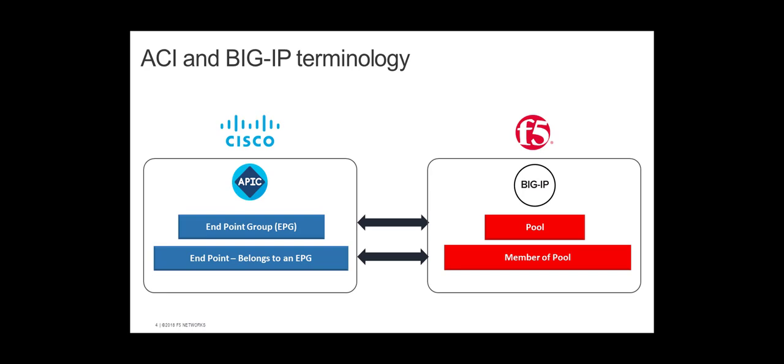Similarly, a pool on the Big IP is a collection of pool members, which is exactly the same workload that is serving that application. Hence, there is a correlation between an endpoint group on APIC to a pool on the Big IP and an endpoint on APIC to a pool member on the F5 Big IP.